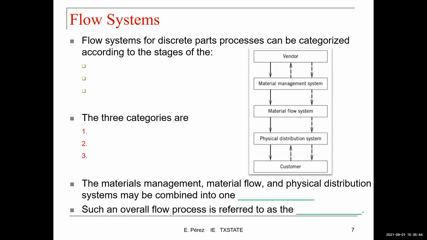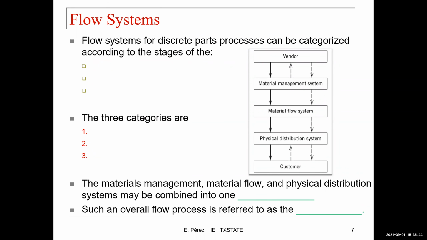Those are illustrated in this figure, so you see the correlation between them. At the top we have the vendor, and at the bottom we have the customer. The vendor is the supplier, the entity that is going to provide you with the materials and the information that you need to build that product.